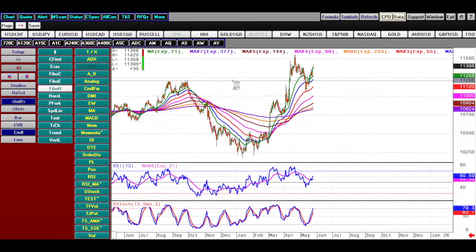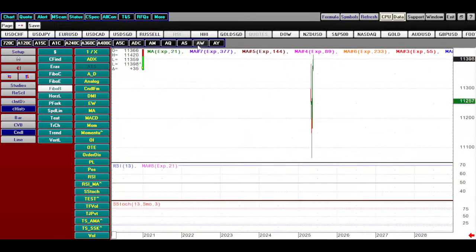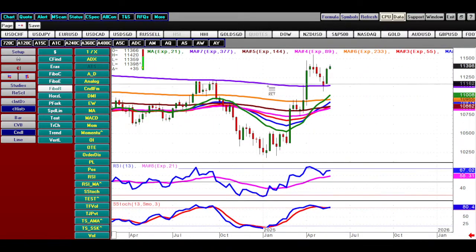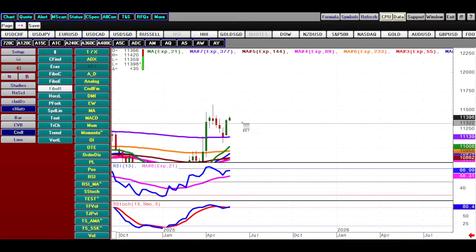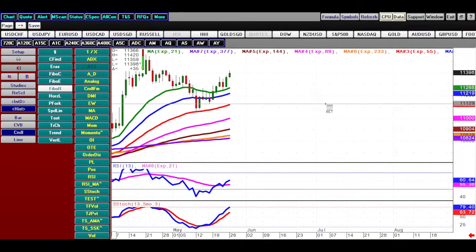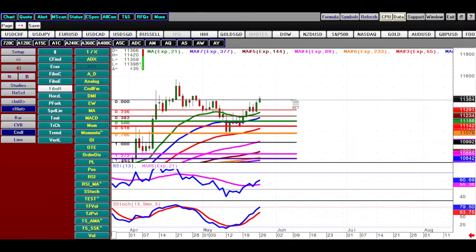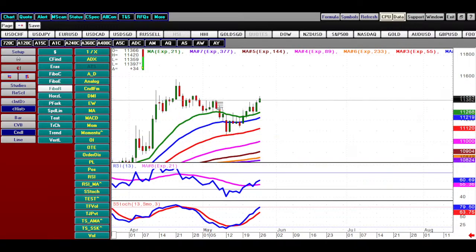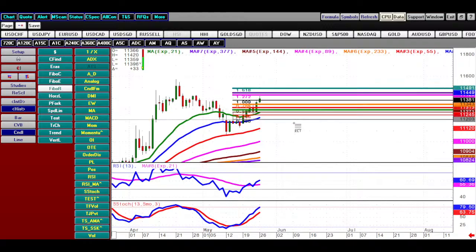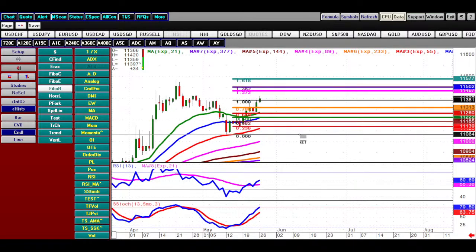As far as the euro is concerned, this is trading above the previous week high, and the current day above the previous day high.